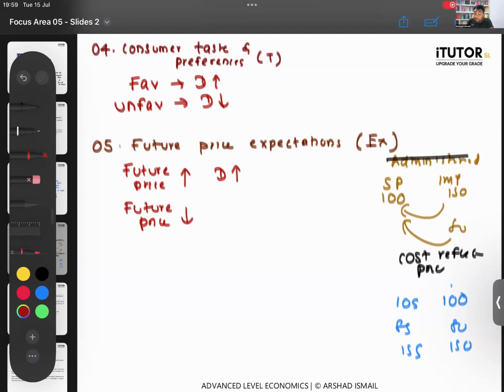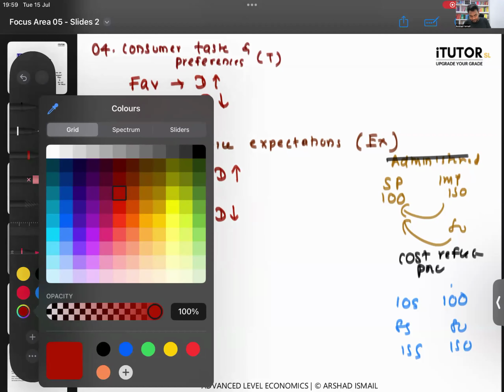Remember, demand is at a given point of time. If you expect the future price to go down, your current demand will start going down. You will wait for the next day, the 1st of August, to go and pump. Right now, you will not buy. Demand goes down. That is future price expectations. Clear? Good. Then we go into the next one.